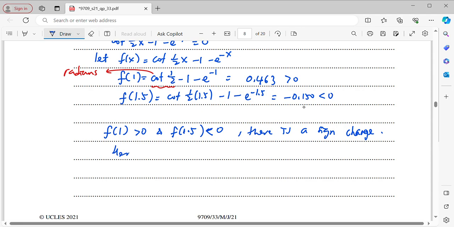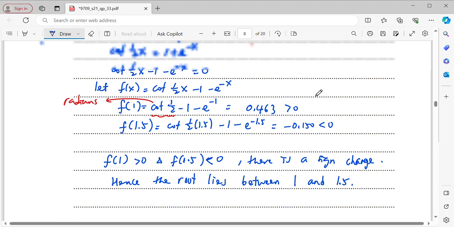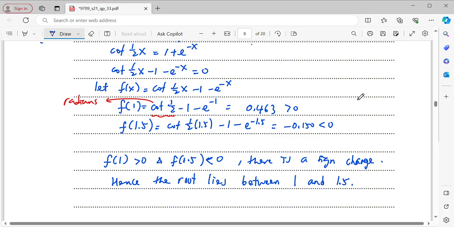Hence, there's a root between the two values. Okay, so that's all for this part.